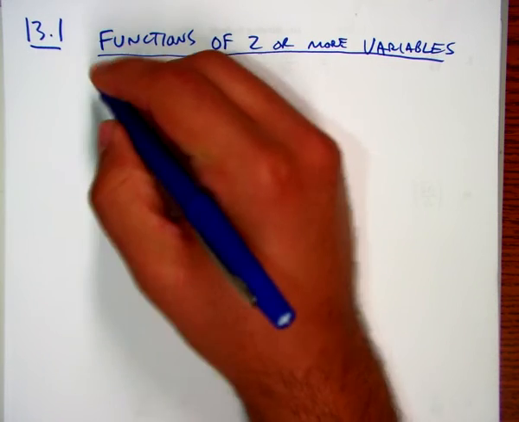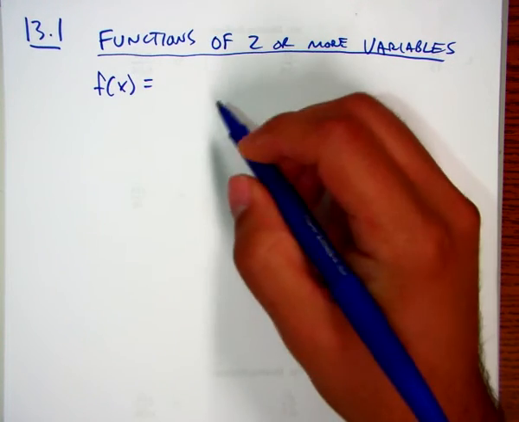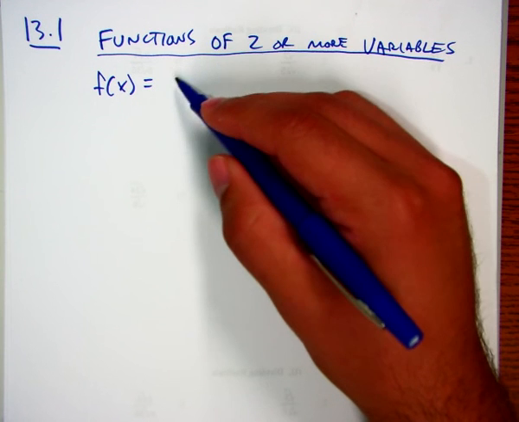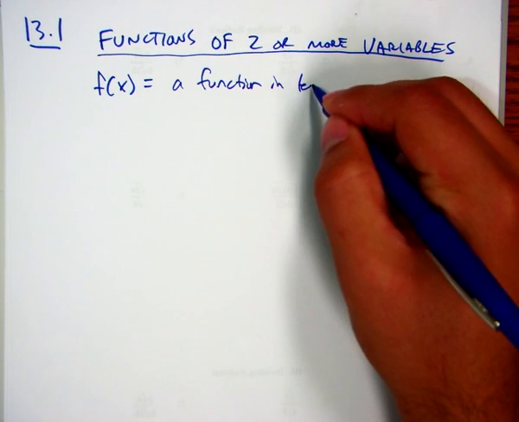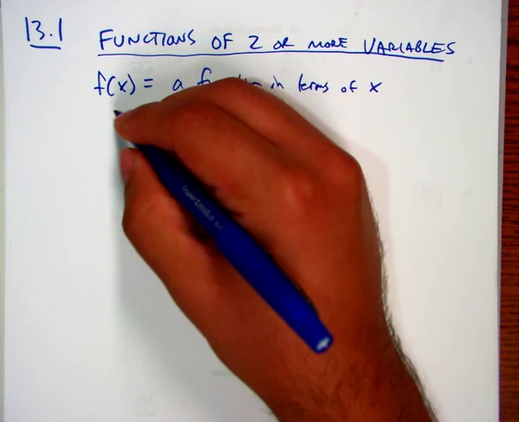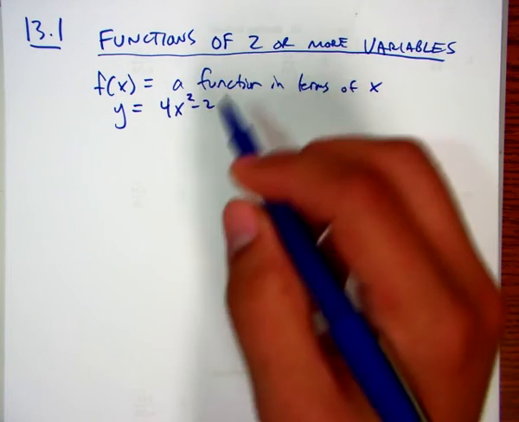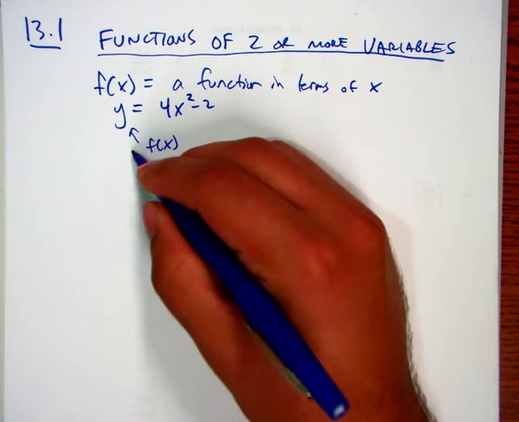Okay, so just some basics here. f of x, that is just a function in terms of x, right? Sometimes you use y, but this is still really f of x, okay?